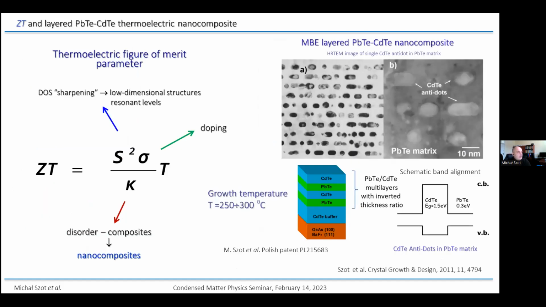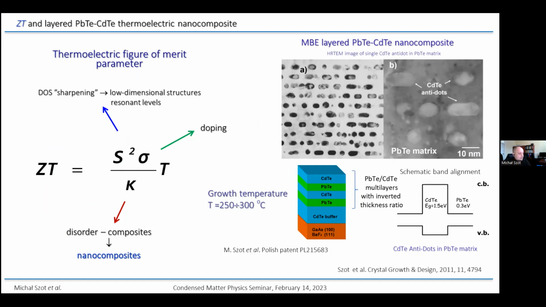So let me switch to thermoelectricity. Thermoelectric efficiency is described by the dimensionless figure of merit parameter known as ZT, which is directly proportional to the Seebeck coefficient, electrical conductivity and temperature, and inversely proportional to the thermal conductivity.